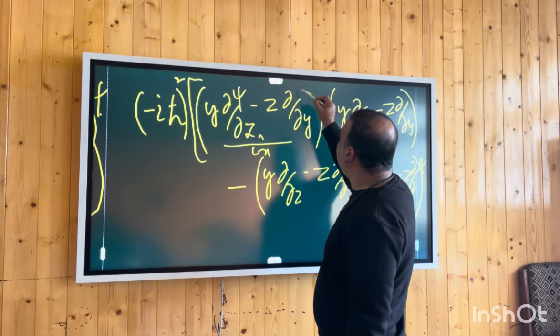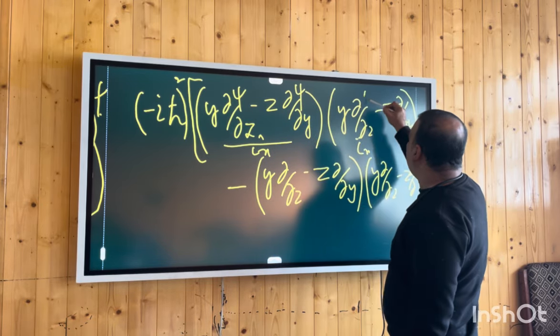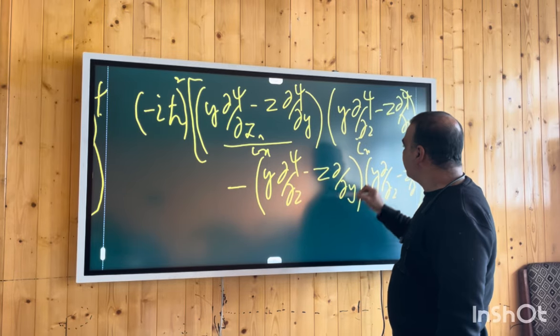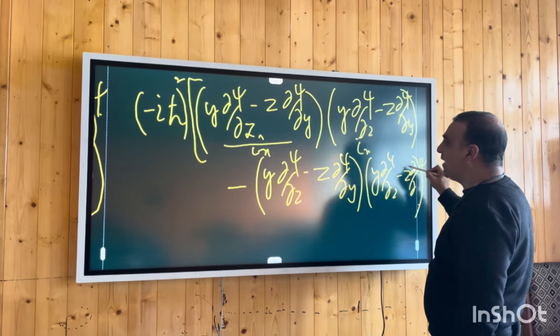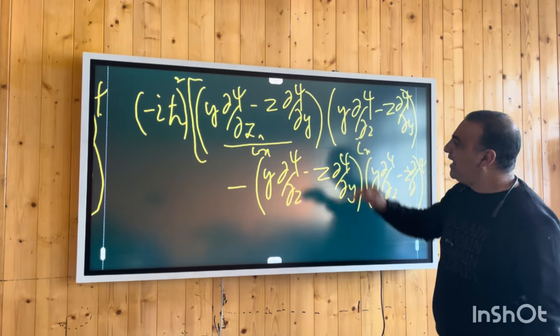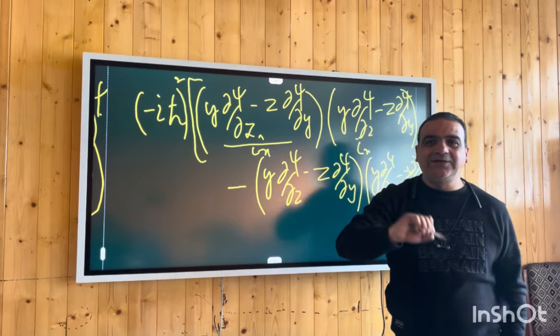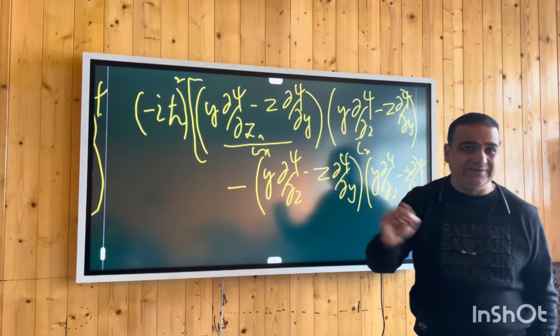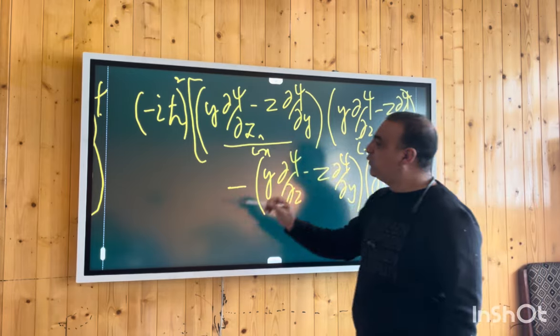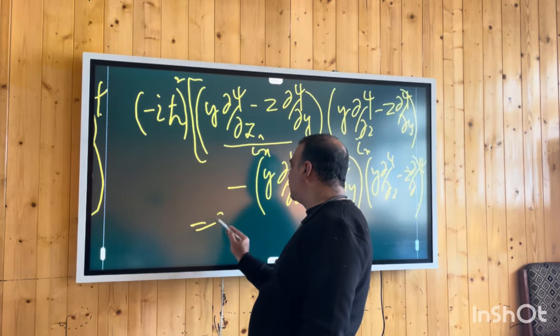And when you solve it, you will find exactly the terms that cancel with each other. And when they cancel, you will get the result equal to 0.